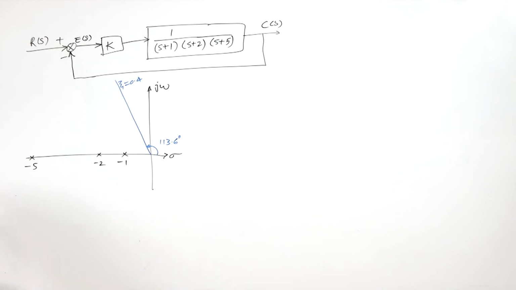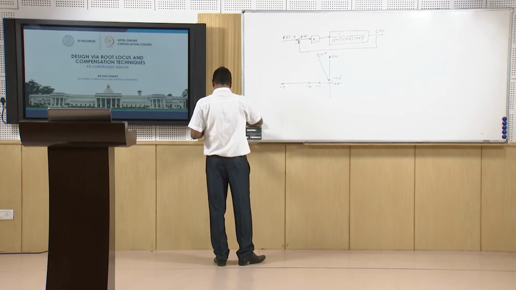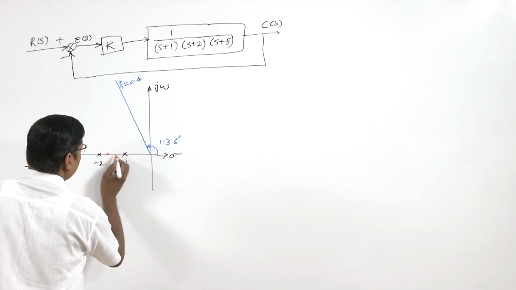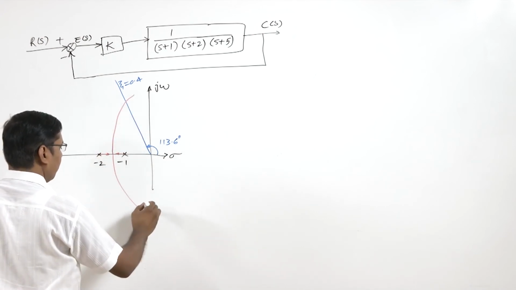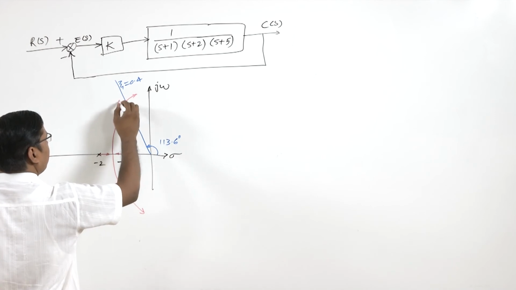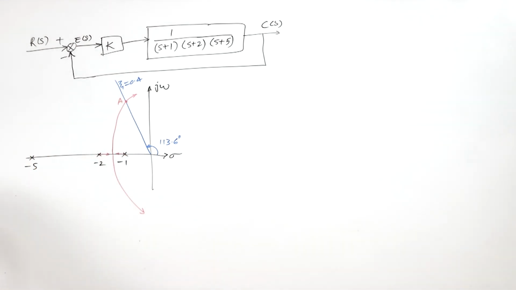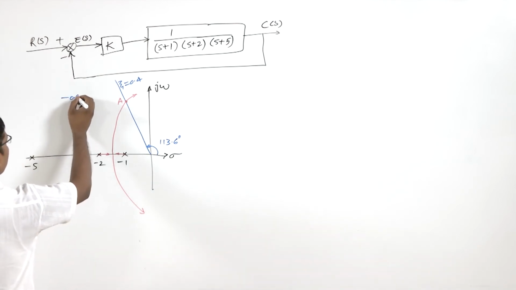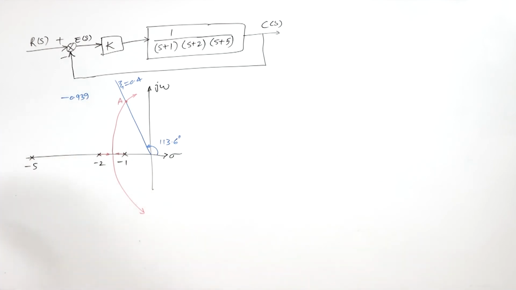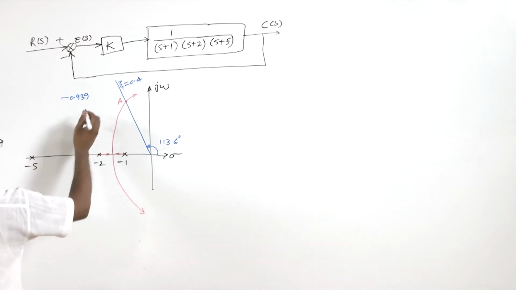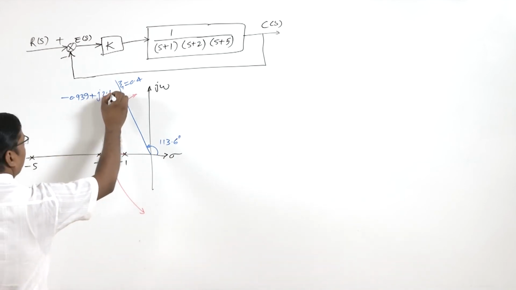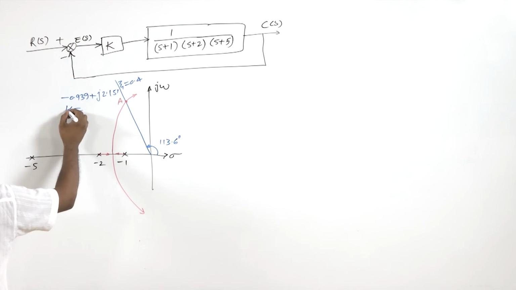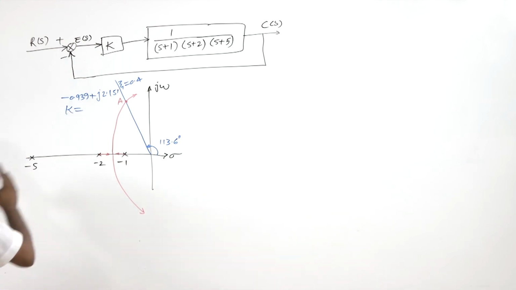So now the root locus will pass through this path, and it is going to cut here at point A, and this point A is minus 0.939 plus j 2.151, and the gain K we are getting is 23.72.